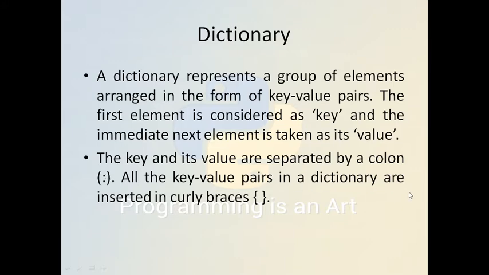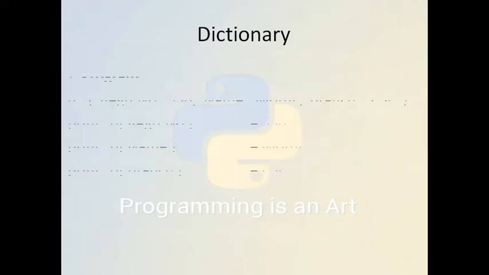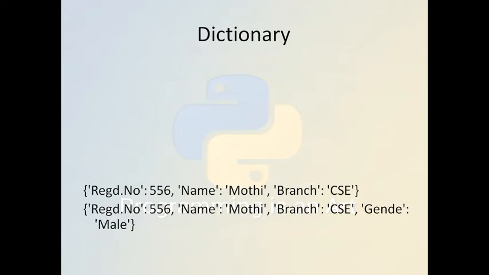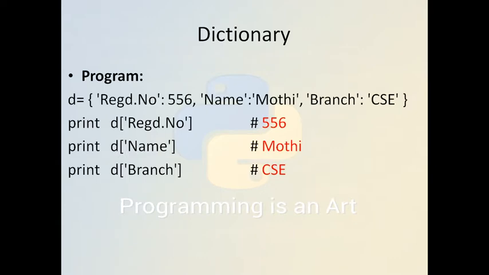All the key value pairs in a dictionary are inserted using curly braces. We already saw that we can use parentheses for a tuple, and here we use the curly braces. This is the example of how to create a dictionary. Simply declare a variable, and here you can see that registered number is a key and 556 is a value.